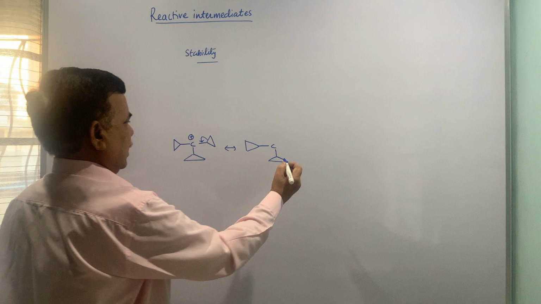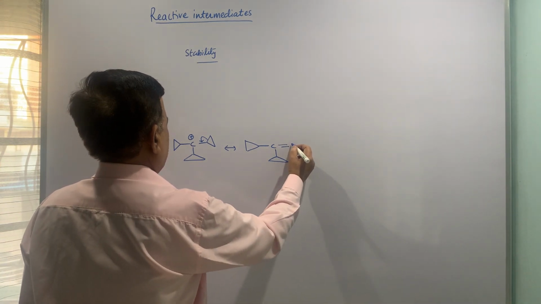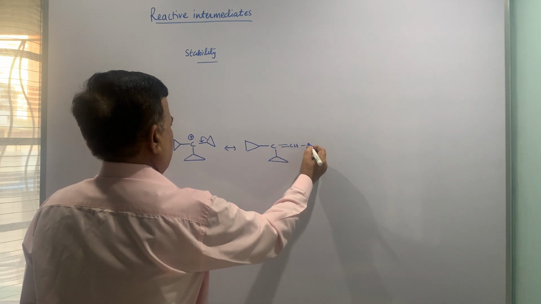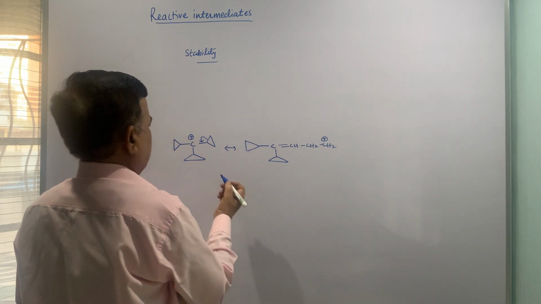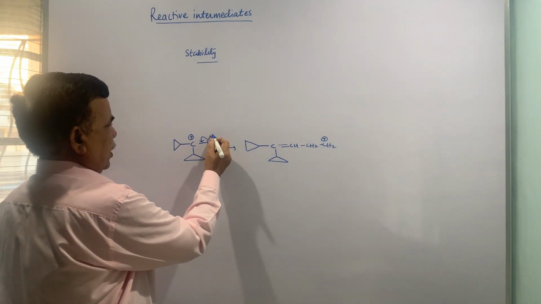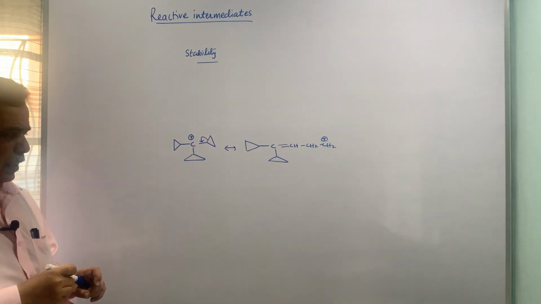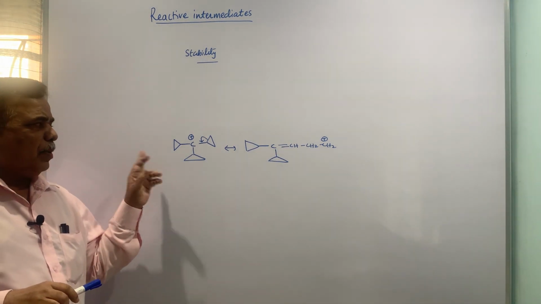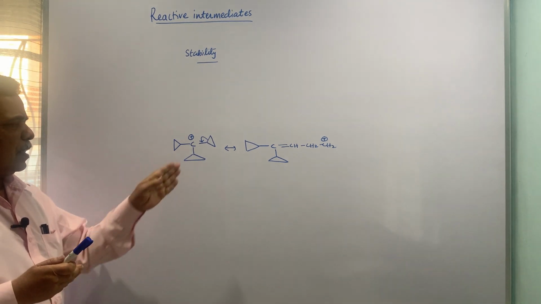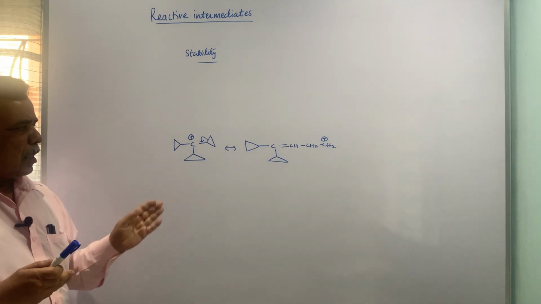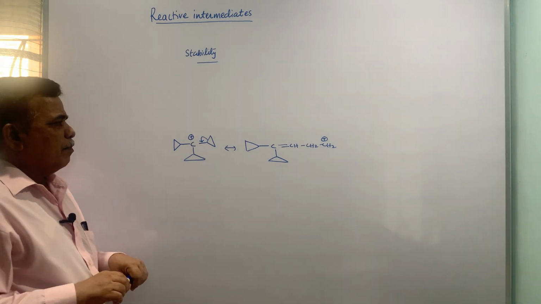So let me draw it like that, and then this becomes a double bond. CH2 CH2 plus, so this will be there and so on. So you can write the resonating structures. So a 3 membered ring or any alicyclic ring for that matter can be utilized. So this is another example of the stabilization.